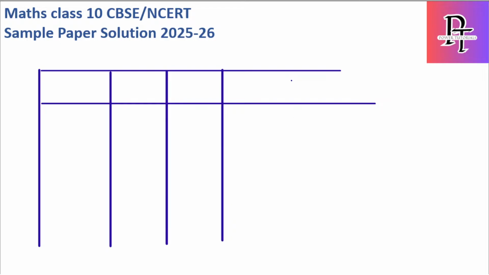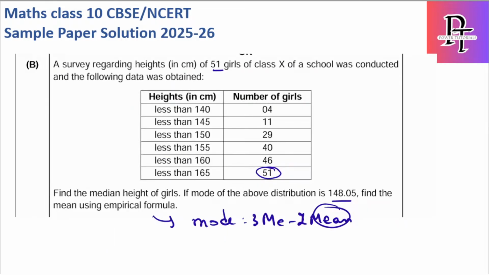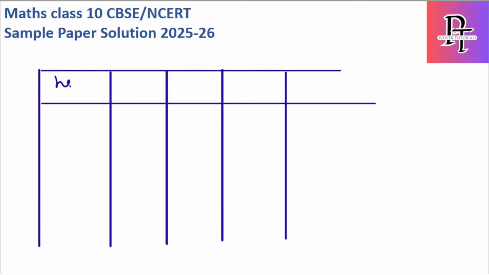So from this I will find out the class intervals and then the frequency, and then we'll use our formula to get the respective answer.